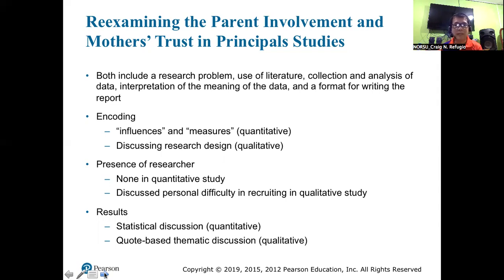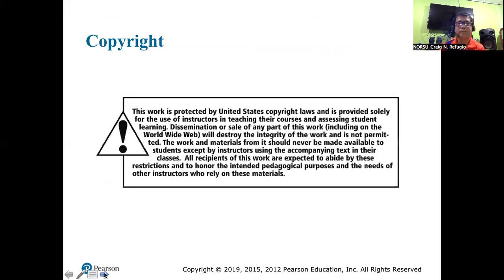Discussing research design for qualitative research design. Presence of researcher, none in quantitative study. Discuss personal difficulty in recruiting in qualitative study results. In terms of statistical discussion for quantitative, quote-based thematic discussion in qualitative research design.